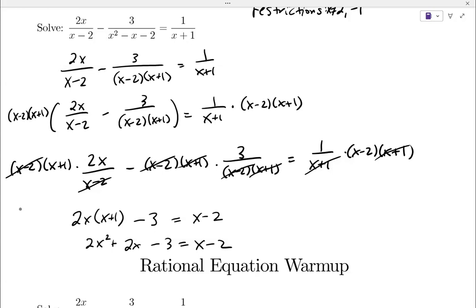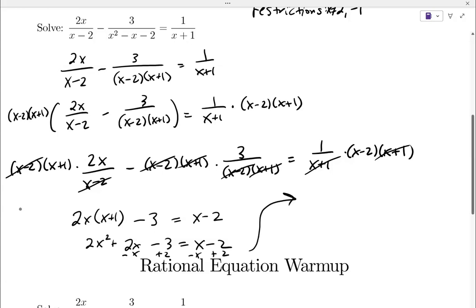Remember, with quadratic equations, we need to do what with them before we try to solve them? Set it to 0, right? We want to set it equal to 0 and factor. Okay. So subtract x from both sides and add 2 to both sides.